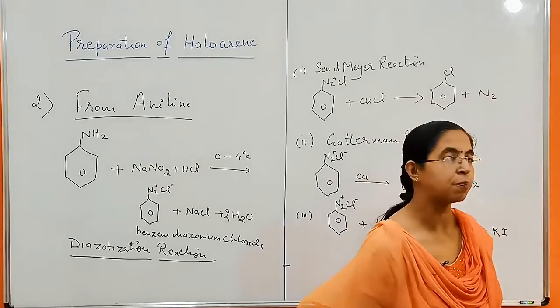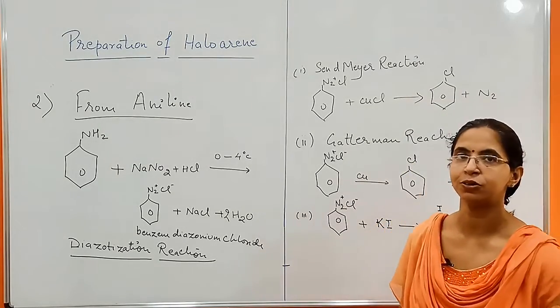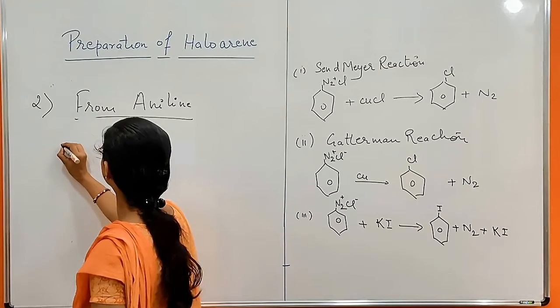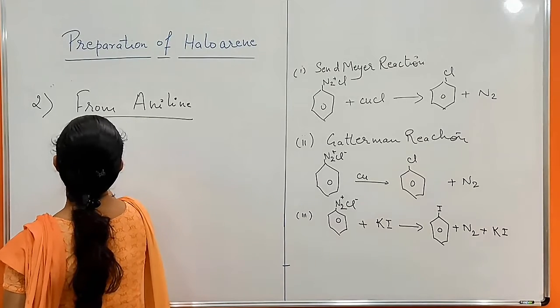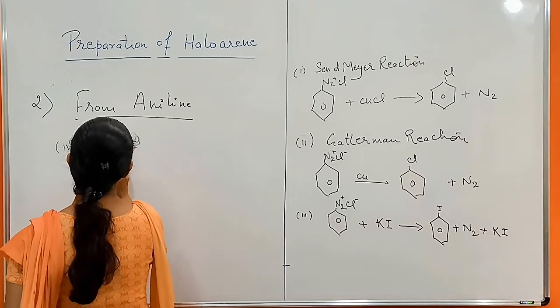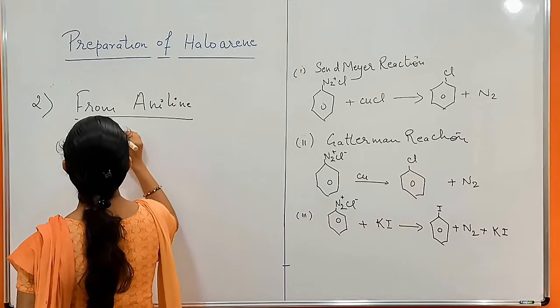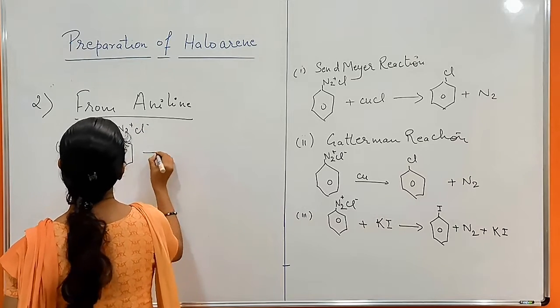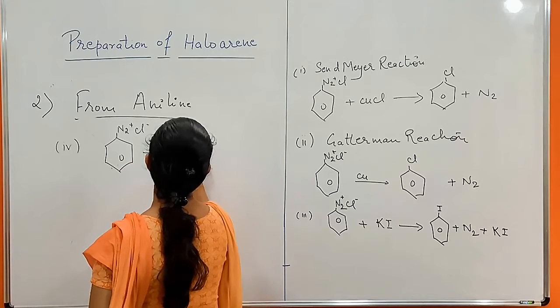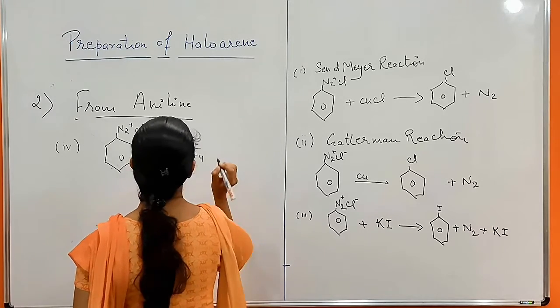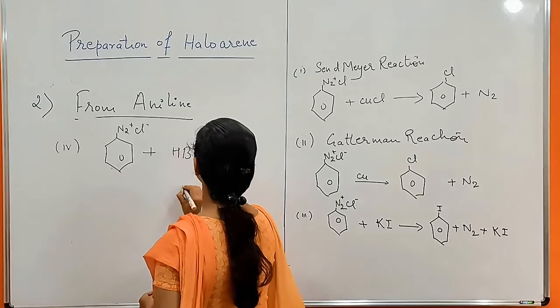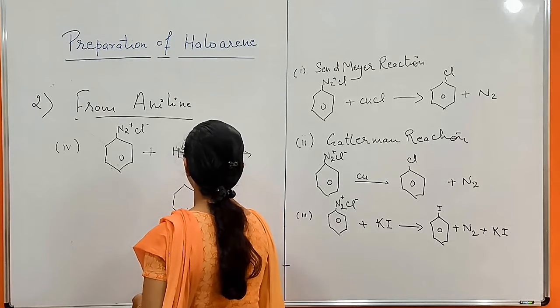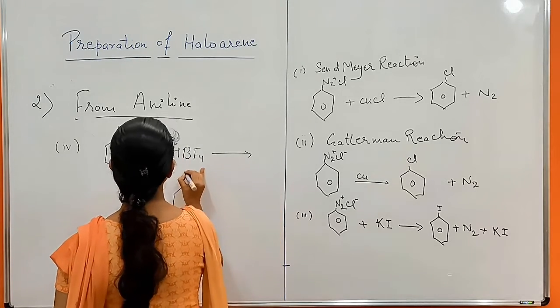Now we will prepare fluoro compound. For this reaction, benzene diazonium chloride is reacted with HBF4, and this is going to prepare fluorobenzene.